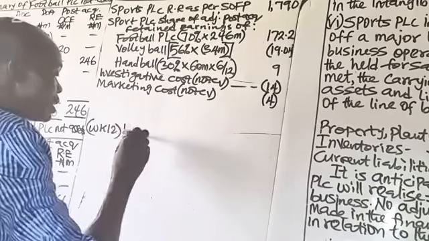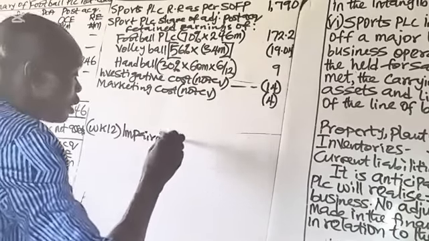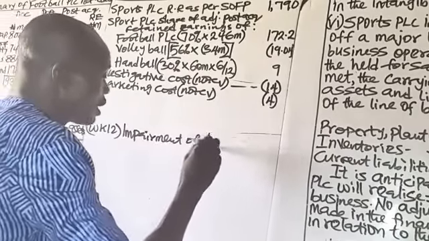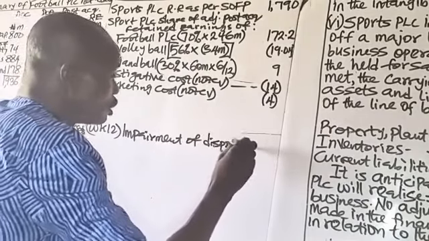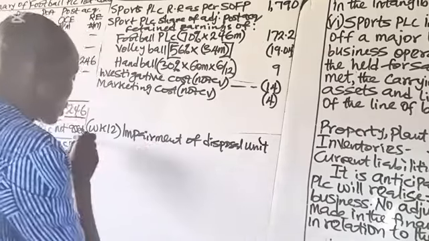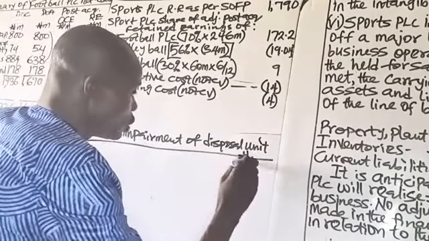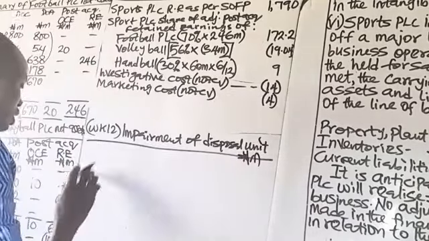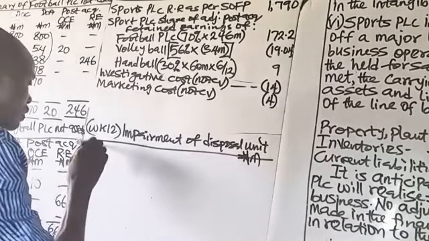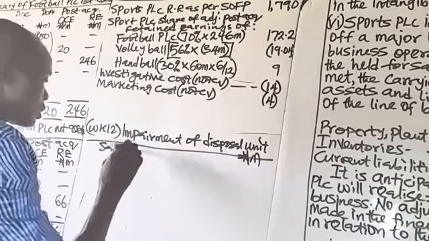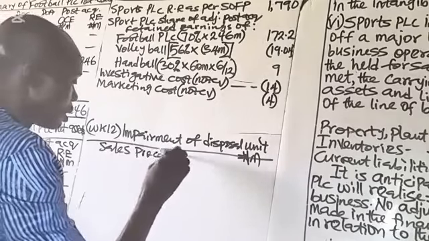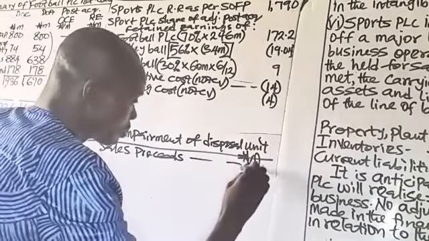Calculation of impairment of disposal unit. You are given the realizable value, sales proceeds, to be 60 million.